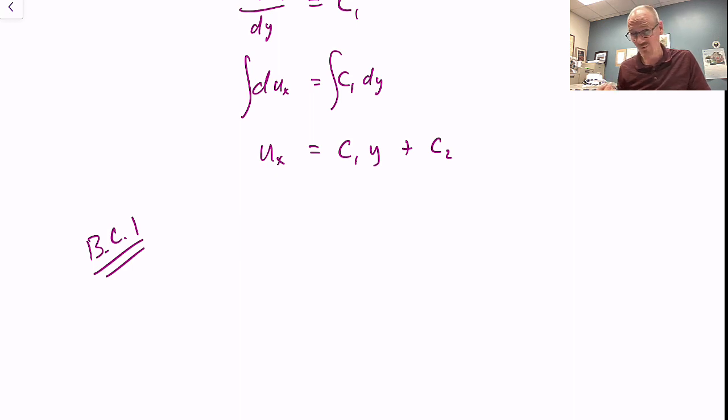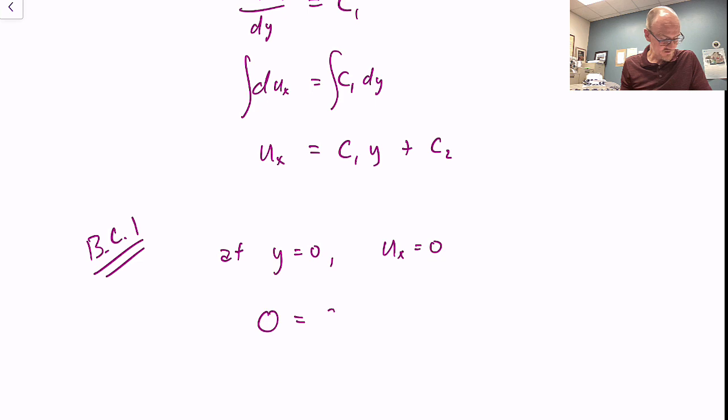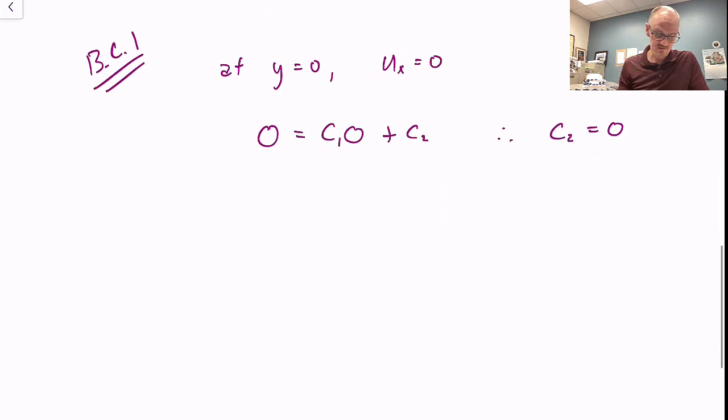We integrated twice, so we should have 2 boundary conditions, and we can say that our first boundary condition at y equals 0, ux equals 0. So plugging that into the above equation, ux is 0 equals C1 times 0 plus C2. I'll just write on the right hand side then that C2 must be equal to 0. That's convenient. C2 just goes away.